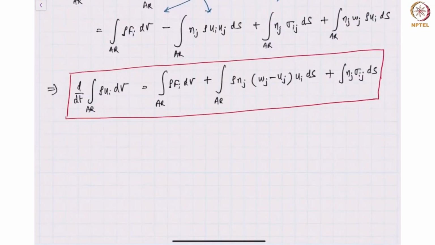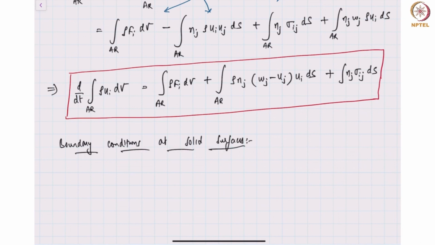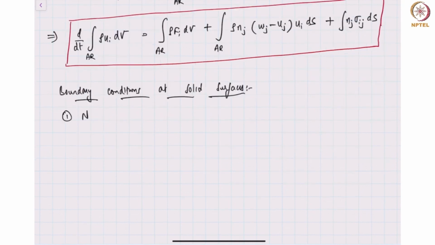Now, if it were solid surfaces, I will quickly write down the boundary conditions at solid surfaces. These are typical boundaries, but these are not the only boundaries that one would normally encounter. Common boundary conditions are the no slip condition.